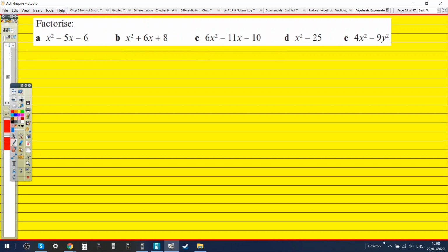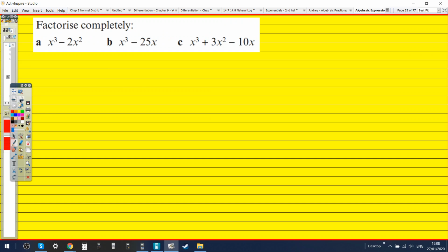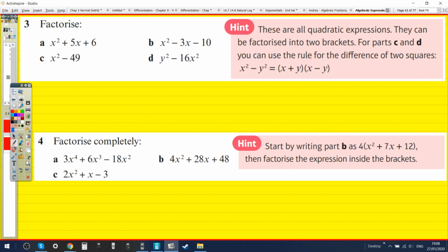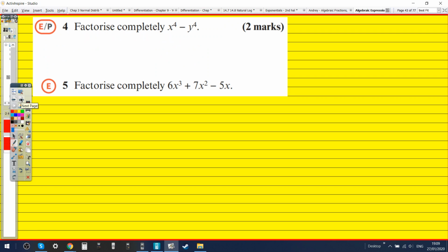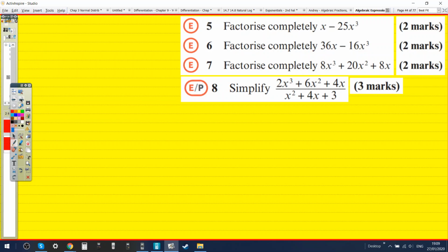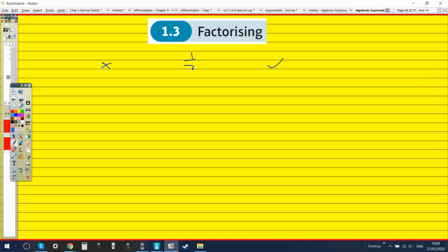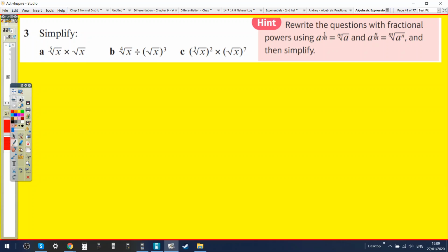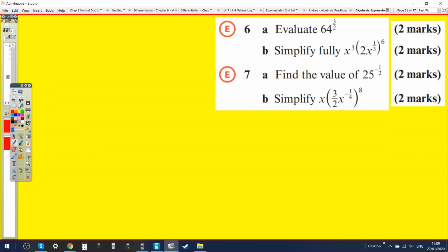Expanding brackets. Factorizing. I think those can be fine. Largest calculator. Yeah, so these are negative and fractional indices. Let's see. What is 7b?